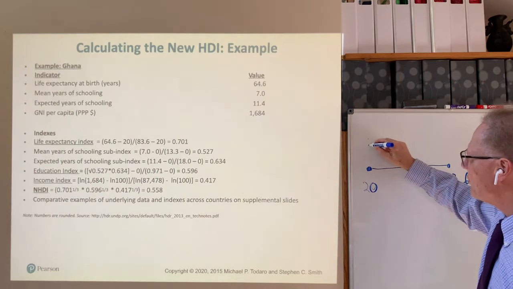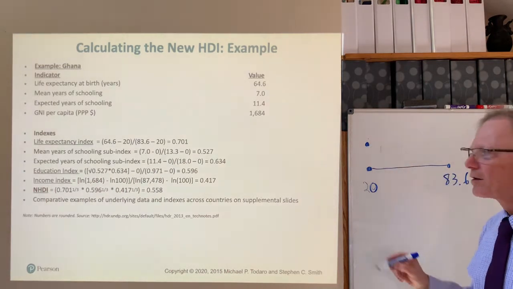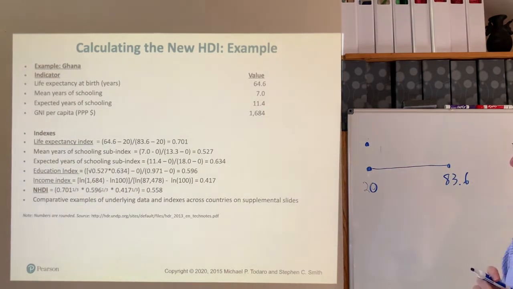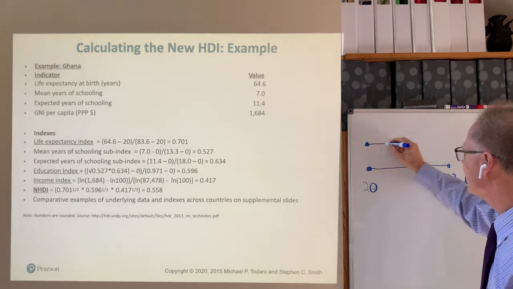And then we see the particular case of Ghana, which has a life expectancy of 64.6.